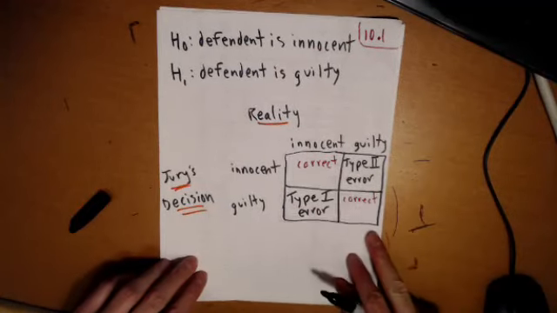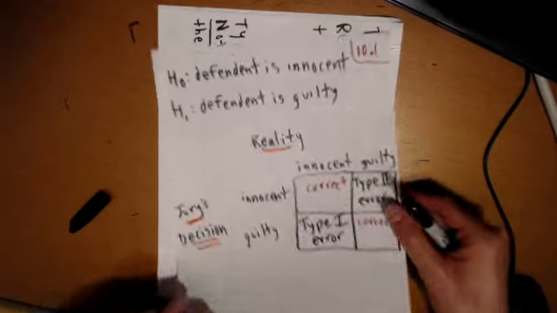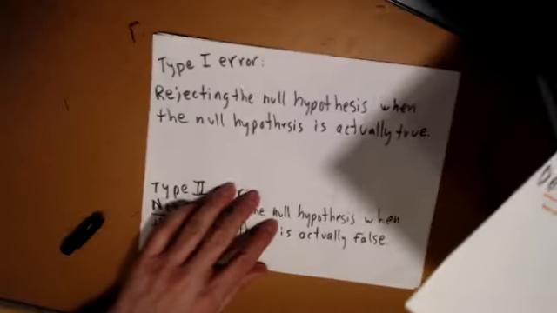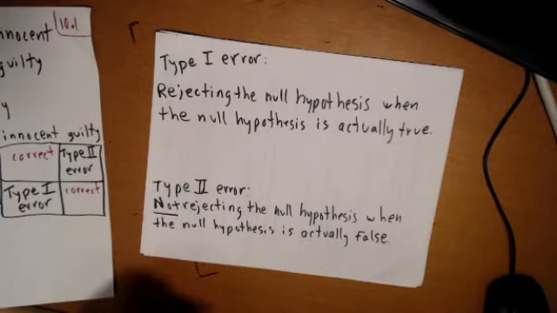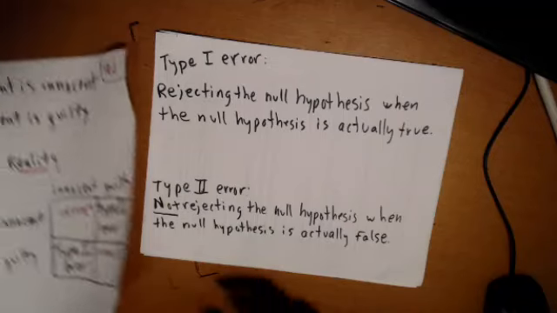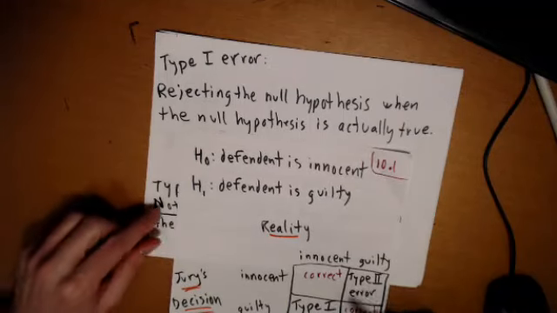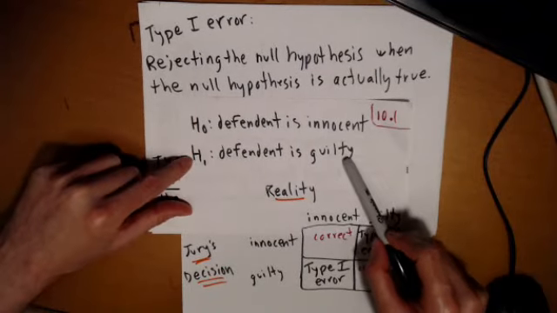Okay, so this was just to introduce the idea that errors can be different. So if we go back to our definition, the type 1 error, rejecting the null when the null is actually true. So notice, in order to play the game, the null and alternative must be stated in the beginning.